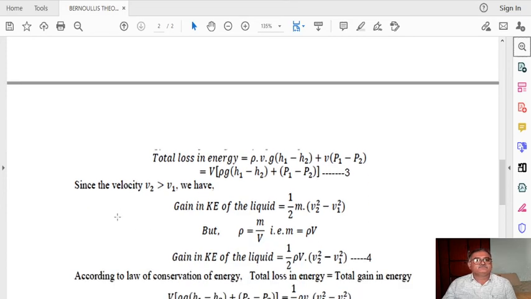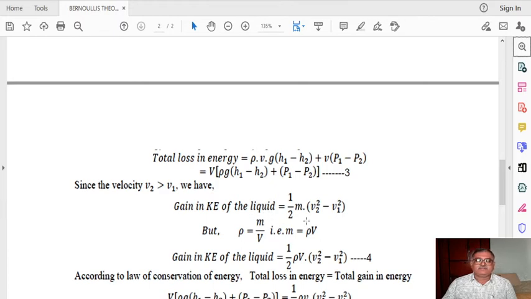See friends, since the velocity v2 is greater than v1, the liquid flowing through the tube has a higher velocity at v2, and therefore there is a gain in kinetic energy of the liquid.